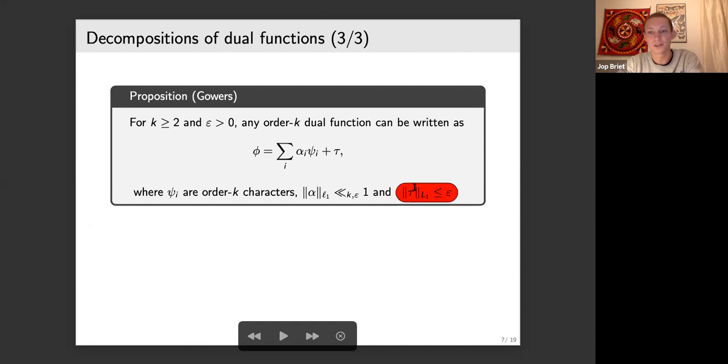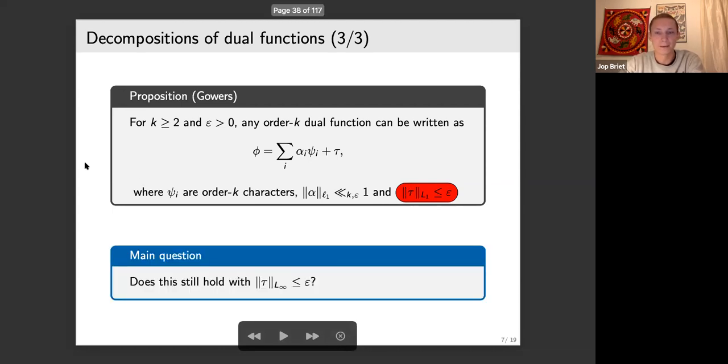It is small on average, but there are some applications in additive combinatorics where ideally you would like an error function that's small everywhere. So the main question you can ask about these decompositions is whether there's a similar decomposition where this error function has bounded L infinity norm, so it's bounded everywhere instead of just on average.